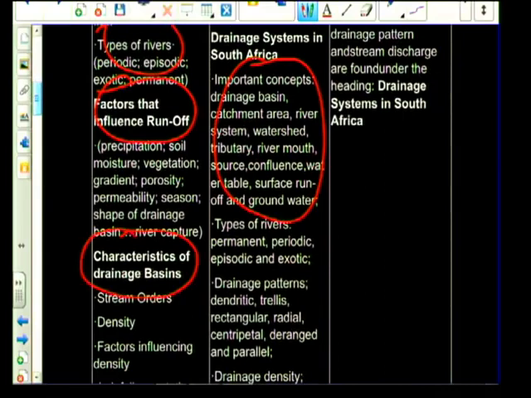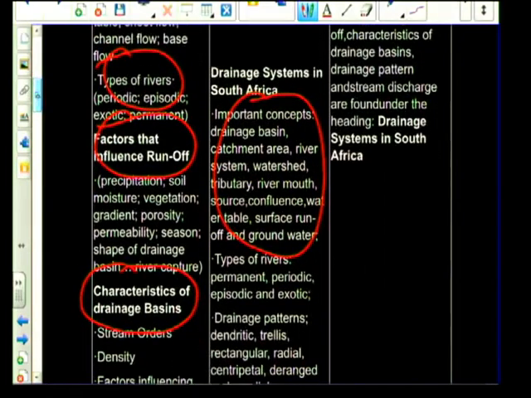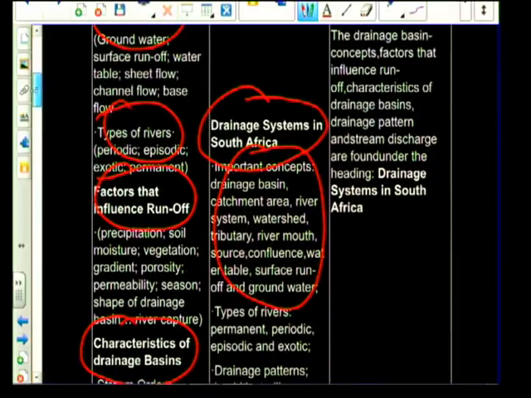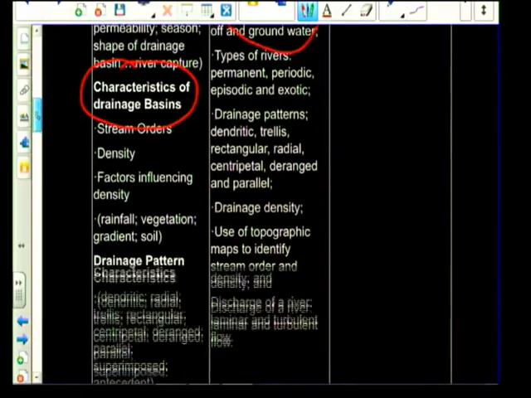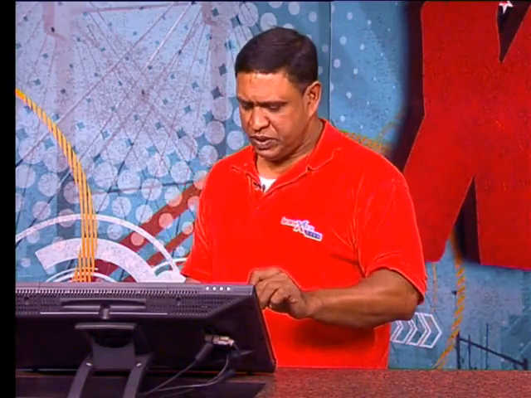Now, it's all put under one, drainage systems in South Africa. You notice all these headings found under one. But it's there. So doing a past paper on this means just adjusting the mark allocation. You understand? And doing it. But you can comfortably do the questions. It will assist you. All right?